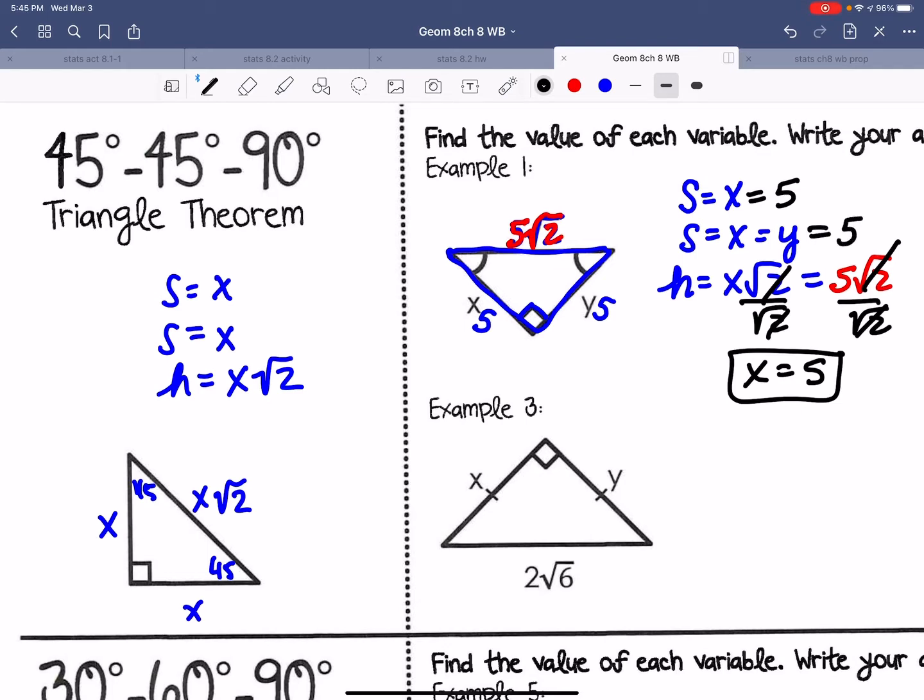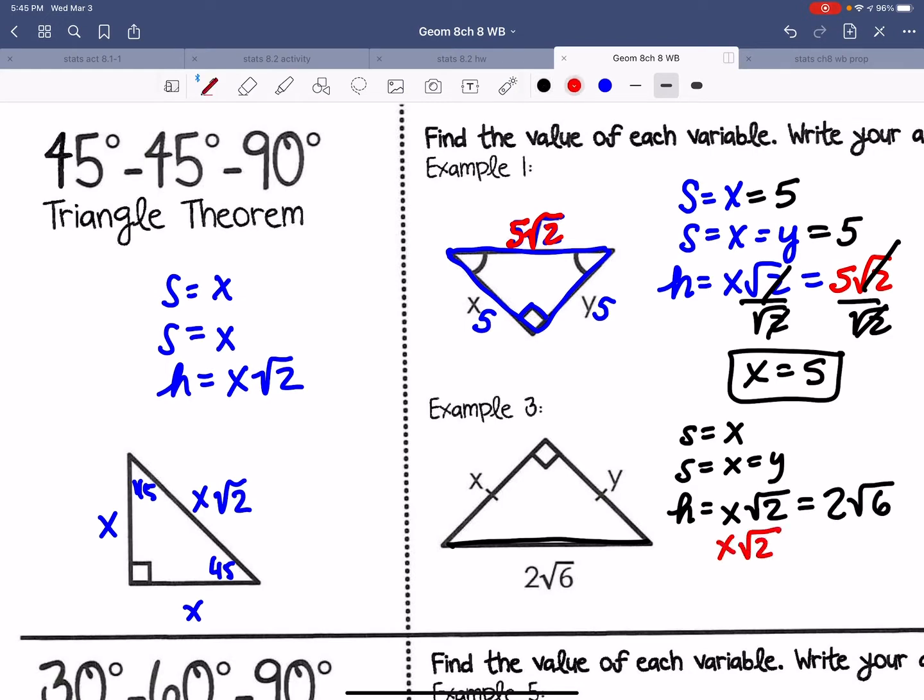Now using this same formula, we're given the hypotenuse again, so we can set this up the same. The hypotenuse is equal to 2 times the square root of 6. But the pattern is x times the square root of 2. So when we look at this, we say, wait a minute, I think there's an x times the square root of 2 on this side as well, because I can rewrite the square root of 6 as the square root of 2 times the square root of 3.